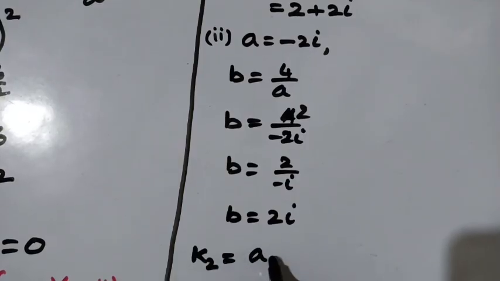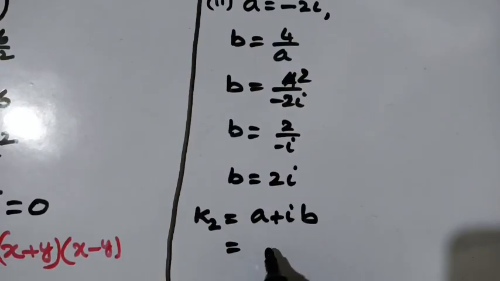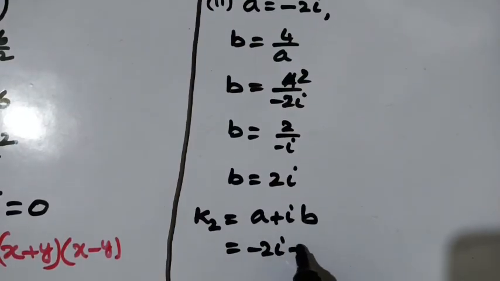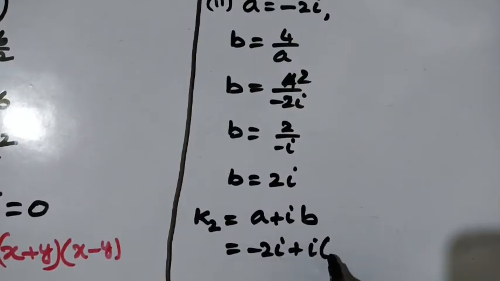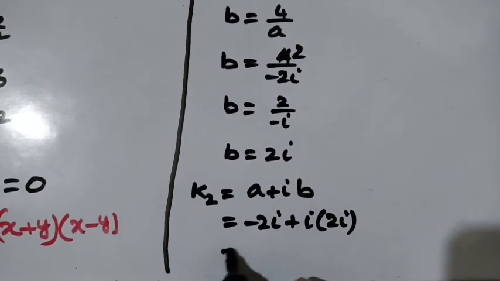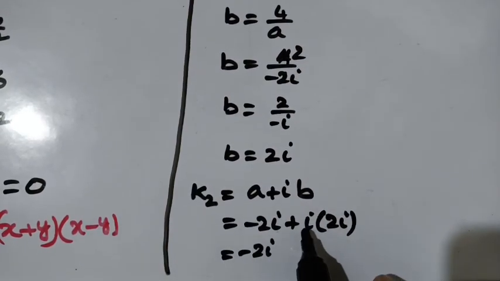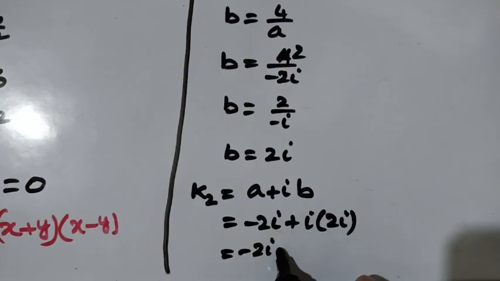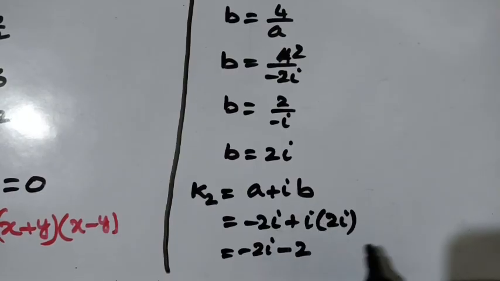k2 is a plus ib. So this is equal to a is minus 2i plus i times the value of b we obtained here, 2i. So now minus 2i, i into i is minus 1. So minus 1 into 2 is minus 2.